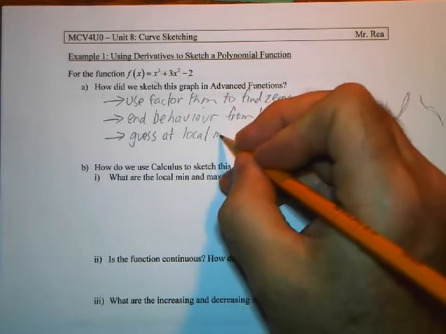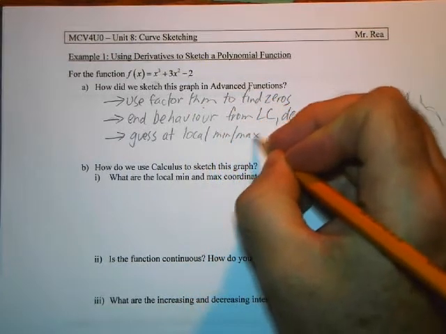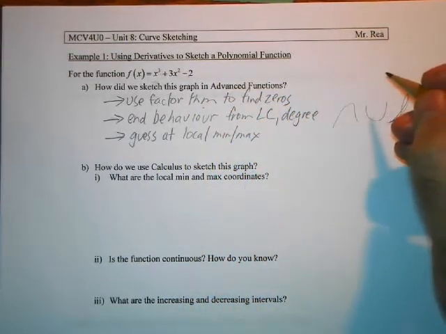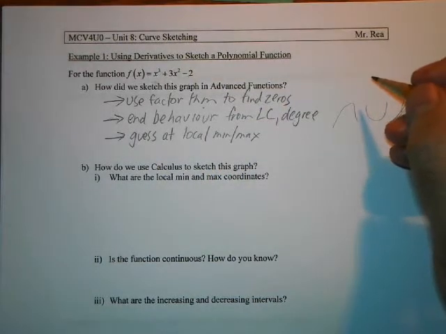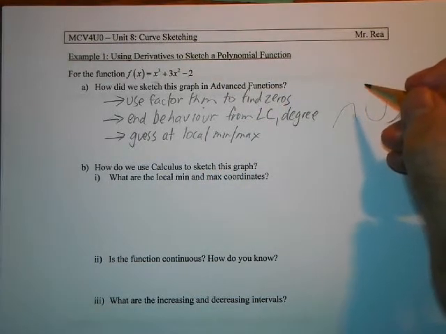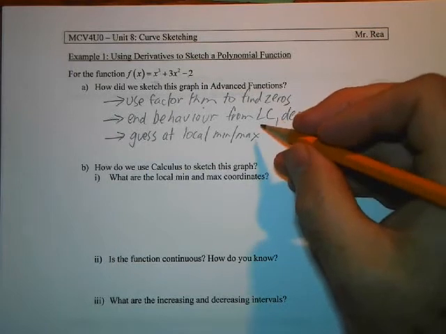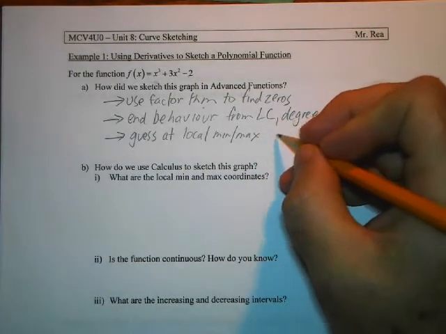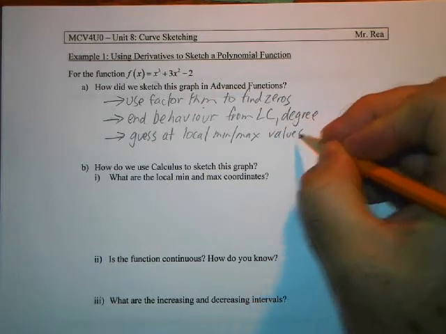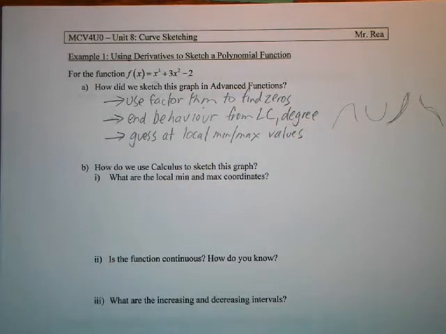For the local min and max values, usually they lie halfway between the zeros, but in terms of what's the value of y, we have no idea. Does it go way down or does it just go down a bit? We'd have to actually plug in the value to get that. So we didn't do a whole lot of that in advanced functions. We were more concerned with the end behavior and the zeros and what's going on between the zeros.